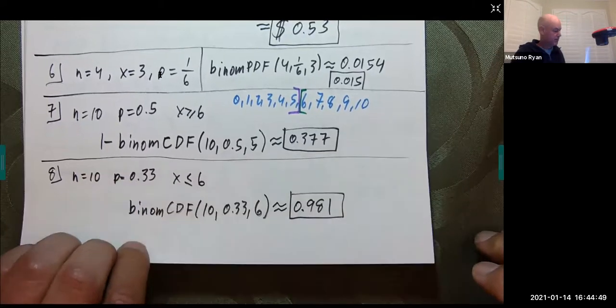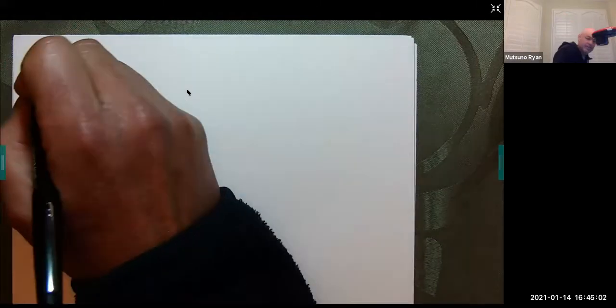Number 9. In a study, 44% of adults questioned reported that their health was excellent. Find the probability that when 14 adults were randomly selected, 3 or fewer were in excellent health.